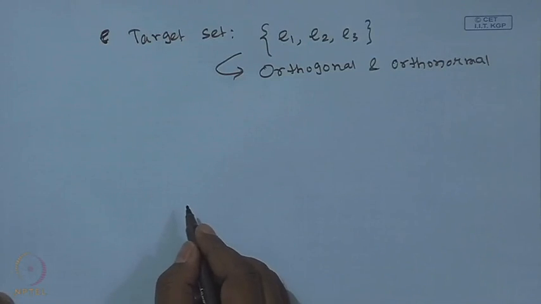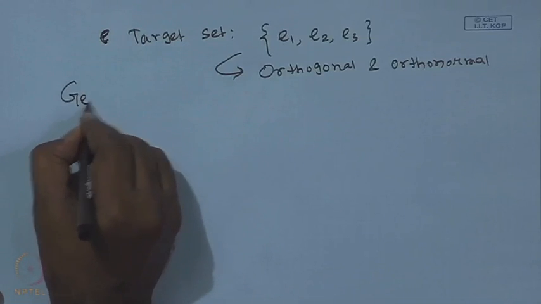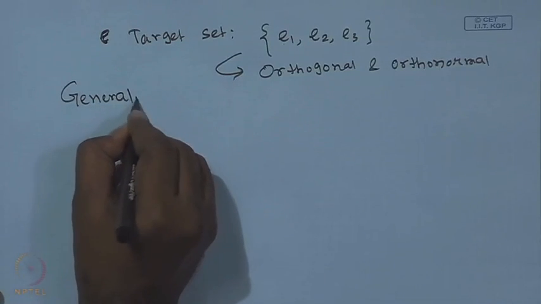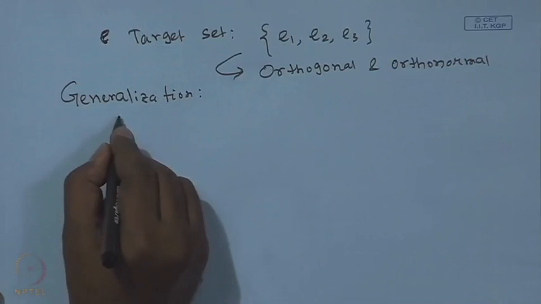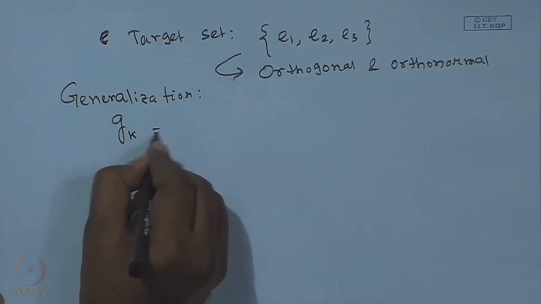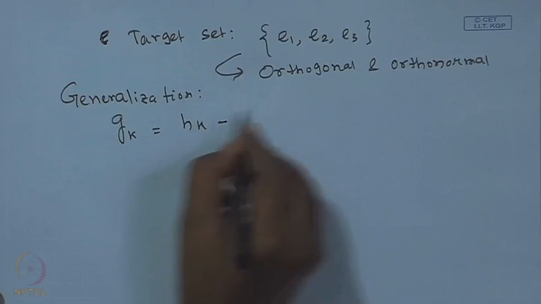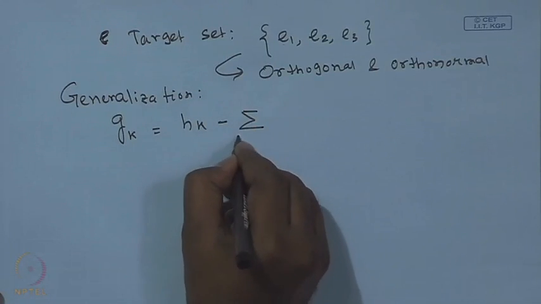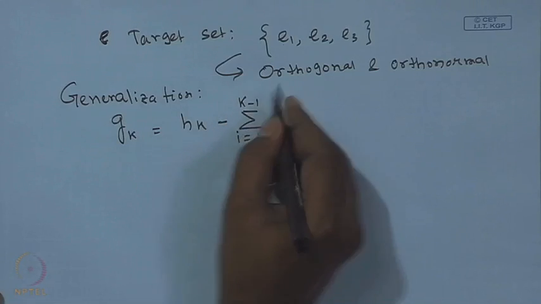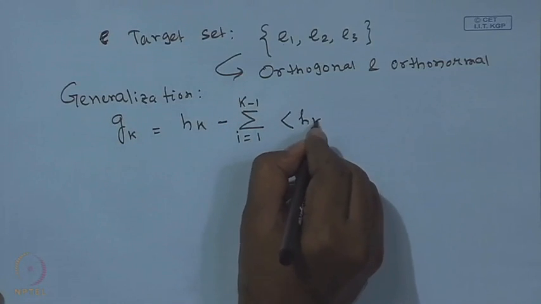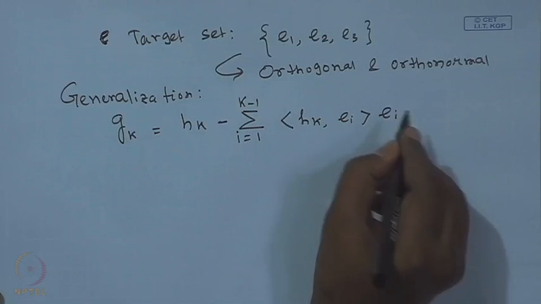For kth space, this whole analysis can be extended and generalized. You will obtain the kth vector Gk of the target set as Hk minus summation of i equal to 1 to k minus 1 of inner product of Hk, Ei multiplied by Ei.